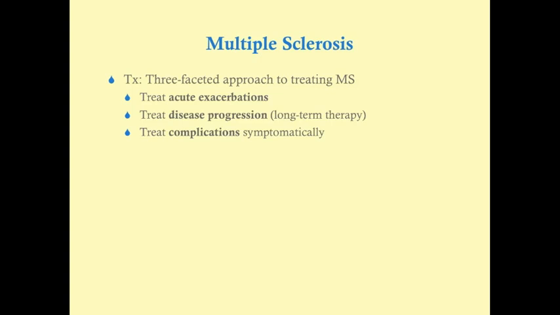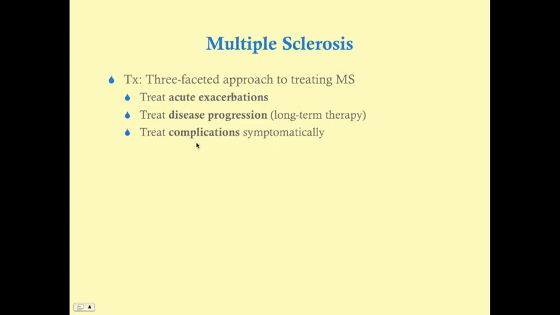So we want to slow the progression as much as we can, and that's done with this long-term therapy. And then thirdly, we treat any kind of complications, which aren't exacerbations from the MS, but they're complications from the MS, and we treat those symptomatically. So these are the 3 things that we do as far as treatment for MS.